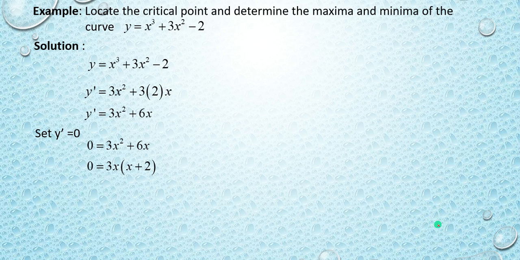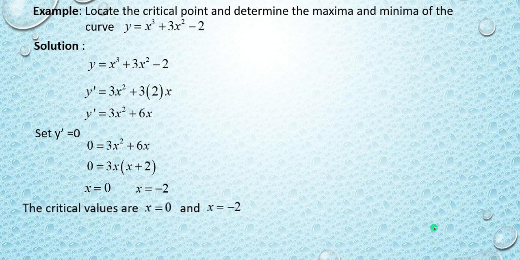We have 3x times the quantity x plus 2, and we have two values of x: x equals 0 and x equals negative 2. So the critical values are x equals 0 and x equals negative 2.